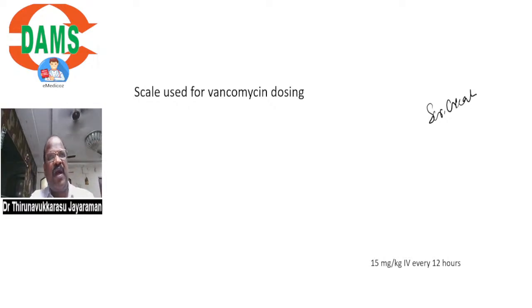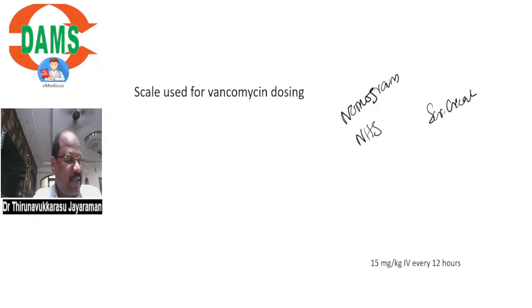Whether they gave nomogram, doctor, or any other option, I don't know what options were given. If this option is given, this is also a right answer. Oh yes, they gave nomogram.